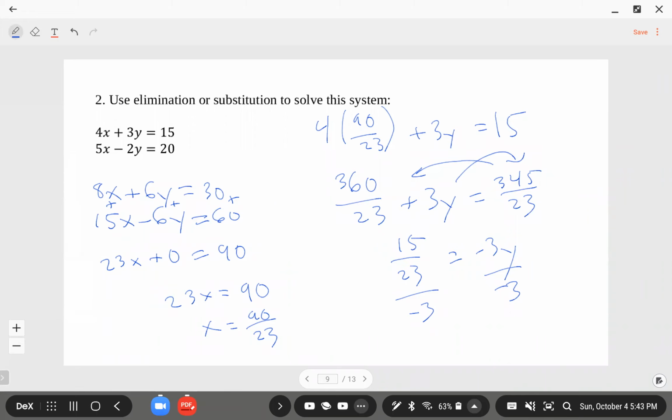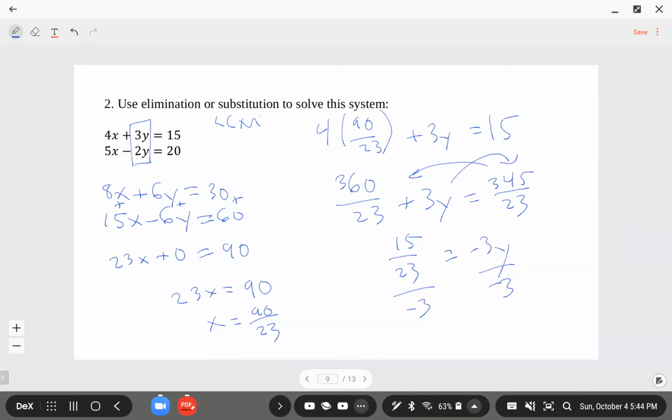Let's say you want to eliminate y. What is the least common multiple of 3 and -2? Because 3 and 2 are the coefficients of y, the numerals before y. You know that the least common multiple of 3y and 2y is 6y.